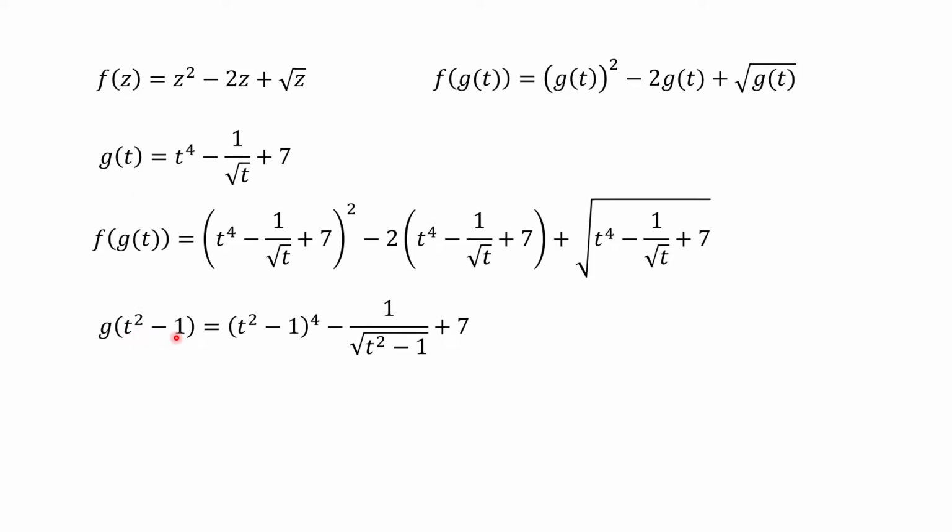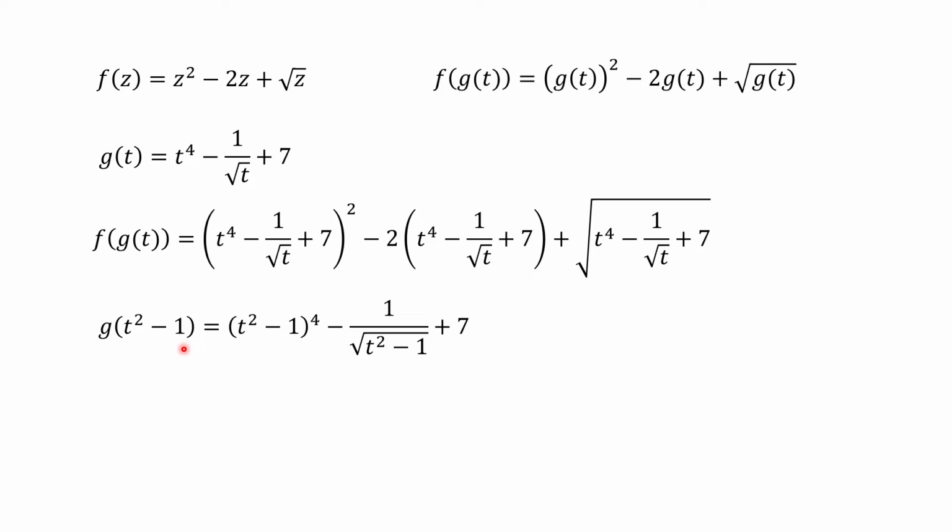How do I deal with that? We deal with g in the same way as we deal with t. We're just formally going to replace t with t squared minus 1. And you see, wherever we have t here, we have t squared minus 1 here. And that's what it means, g of t squared minus 1.